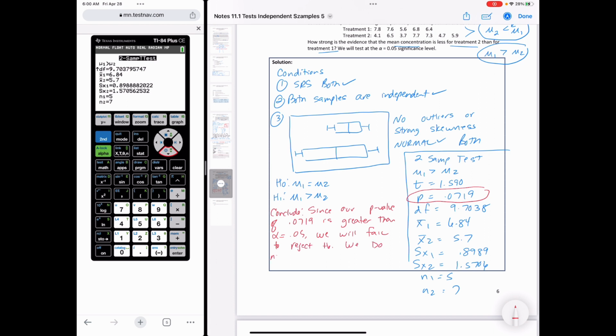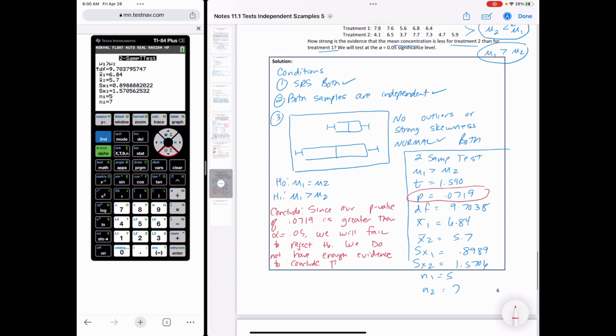We do not have enough evidence to conclude, and look back up at your story, all you need to add is that the true mean concentration is less for treatment 2 than for treatment 1. Notice I didn't switch it. You don't have to. That's perfectly fine. We just switched it because of the calculator.